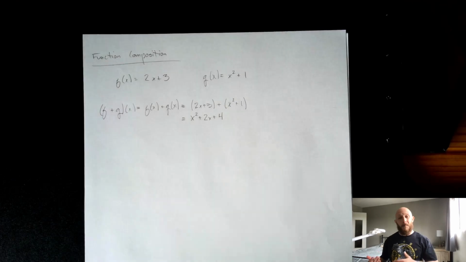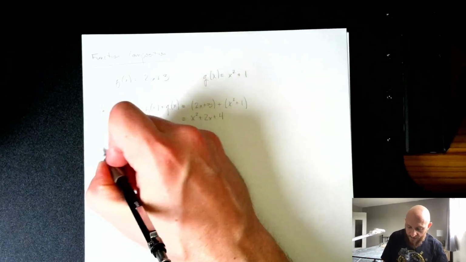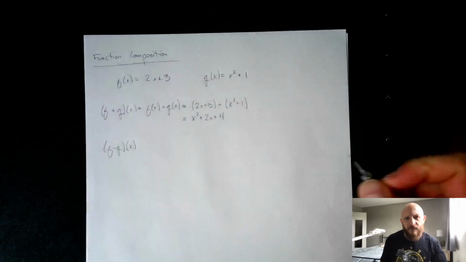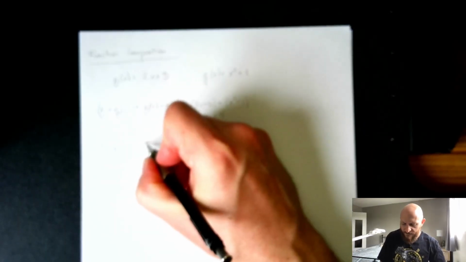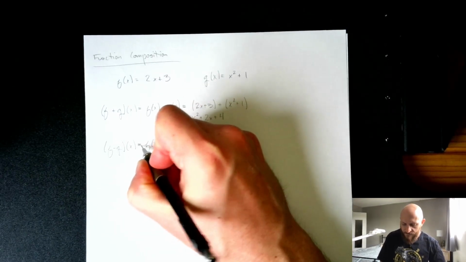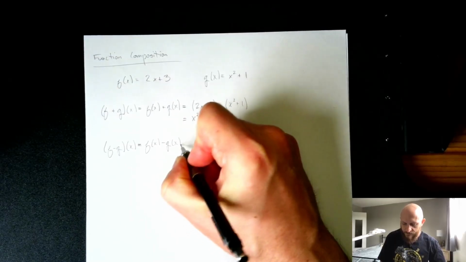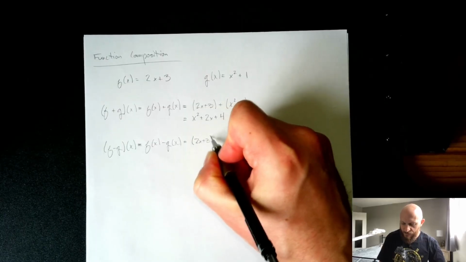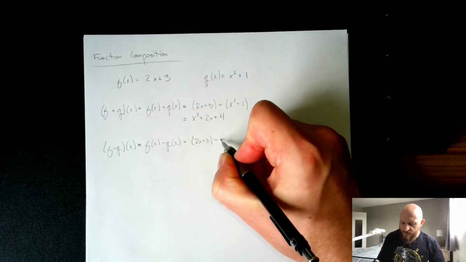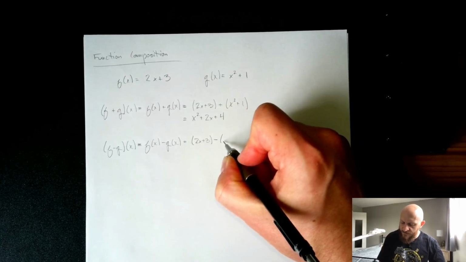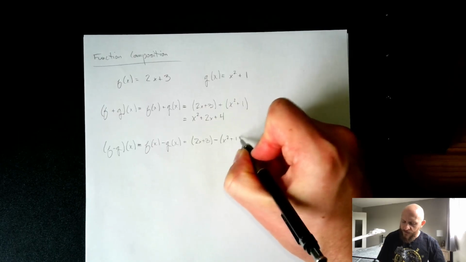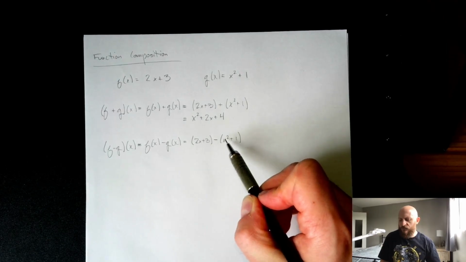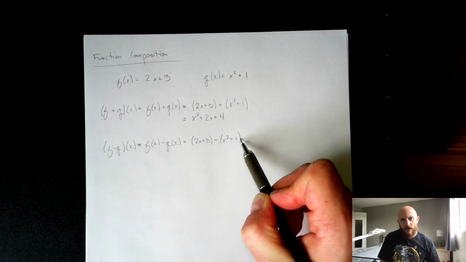If you were to do f minus g of x, it's the same thing. Just be careful of the parentheses. So f minus g of x is the same as f of x minus g of x. It's a smart idea to put the functions in parentheses, especially the second one, g of x, because this minus sign is going to be distributed to both the x squared and the positive 1.